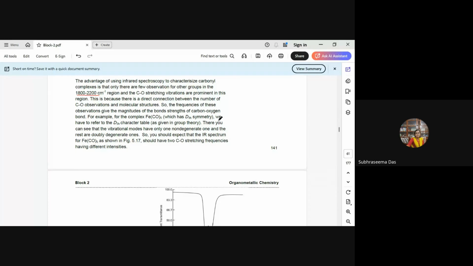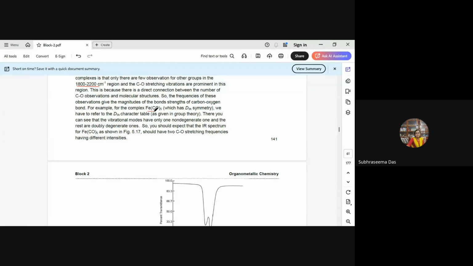The frequencies of these observations give the magnitude of the strength of the carbon-oxygen bond. For example, we have Fe(CO)5. This Fe(CO)5 has D3h symmetry. Then we see that the vibrational modes have only one non-degenerate and the rest are doubly degenerate.